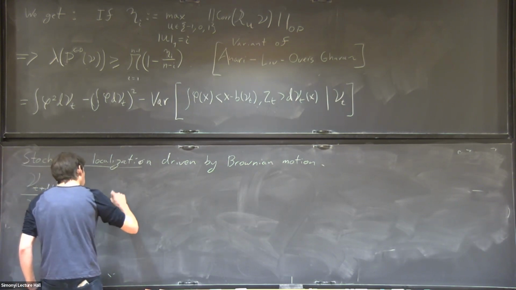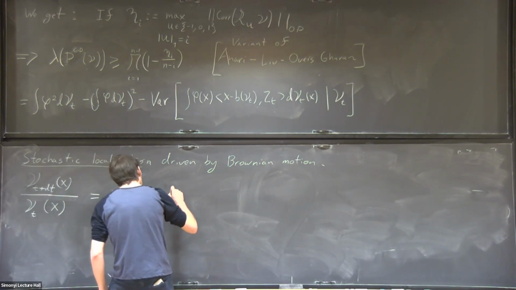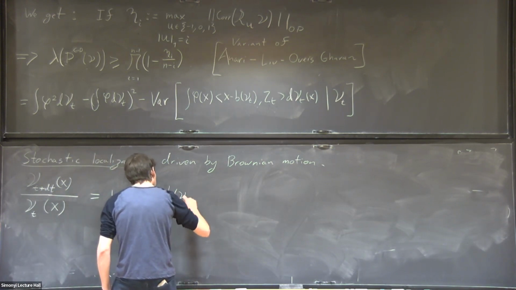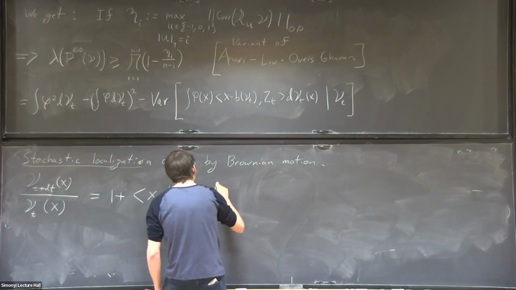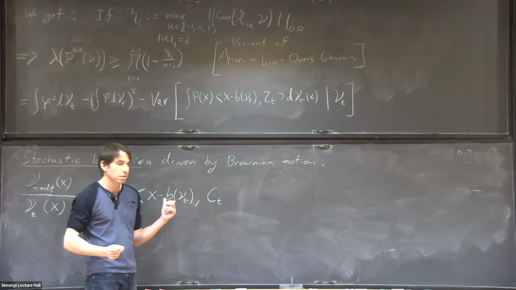And this is going to be equal to, again, exactly the same thing, 1 plus x minus b nu_t. And here, I'm going to take any matrix I want, C_t.